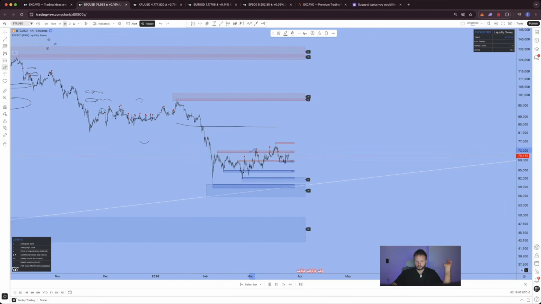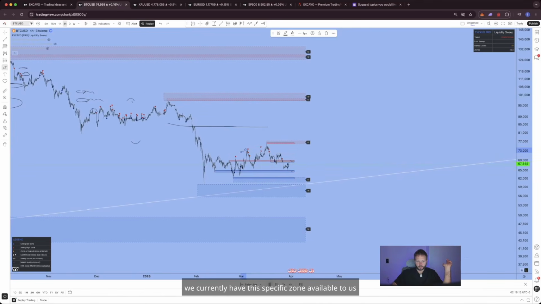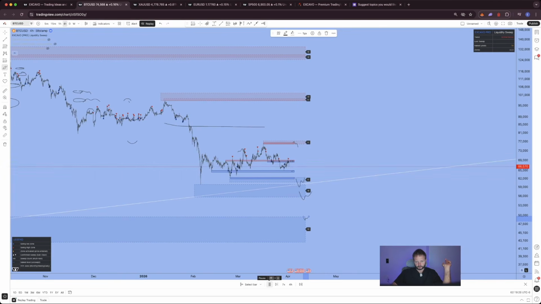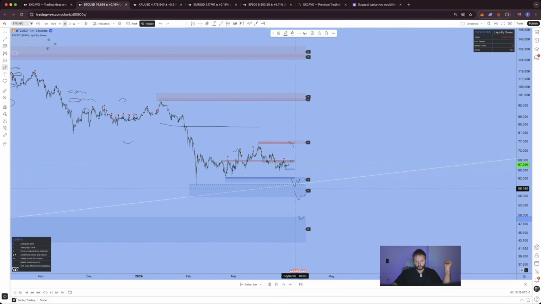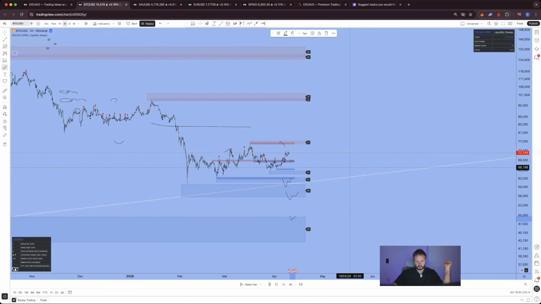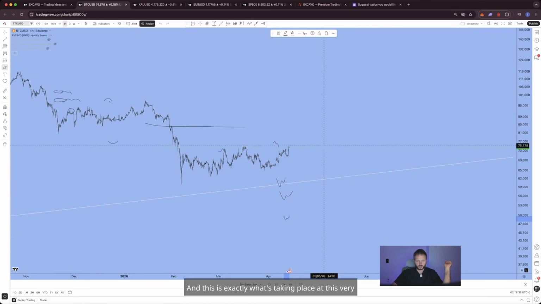So we currently have this specific zone available to us right now, and it looks good. And we have these other zones on the daily and especially on the monthly chart. And this is exactly what's taking place at this very moment, okay?